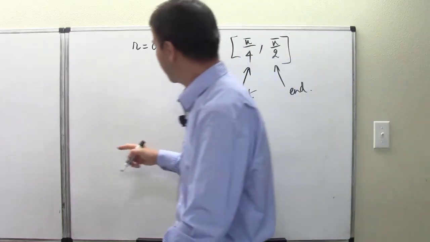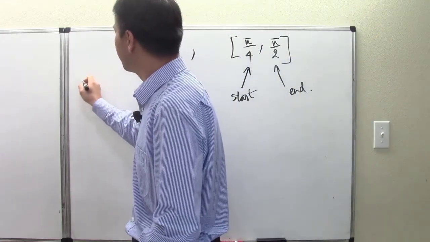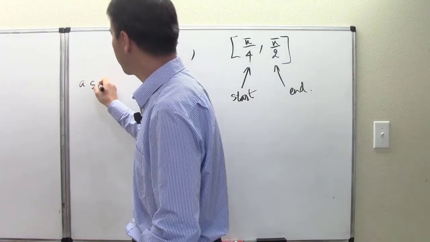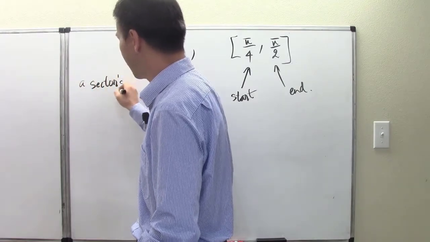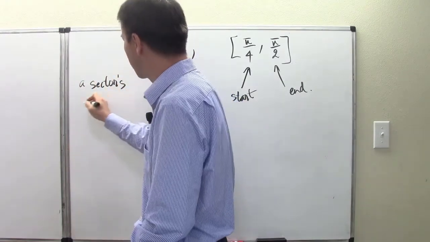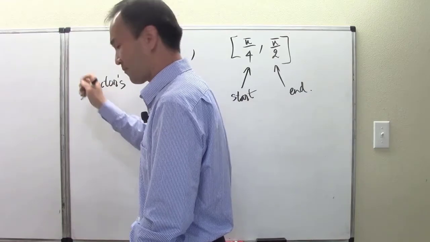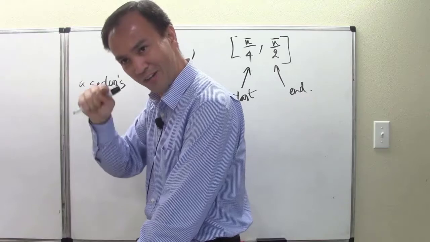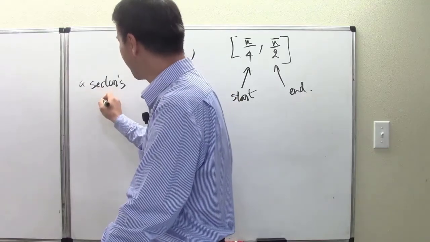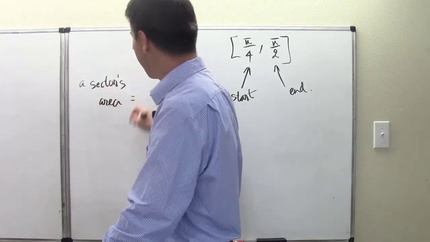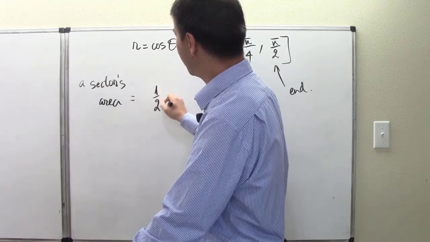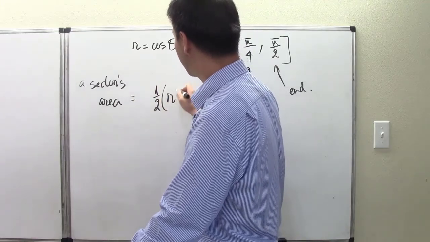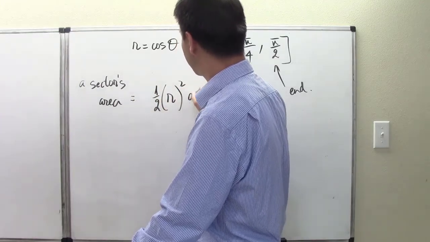Now I'm going to introduce a sector. It's always a good habit to start out with finding the area of one little thing, and then set up the integral as the accumulation of all the little areas. A sector's area is calculated by 1/2 times r squared times d theta.